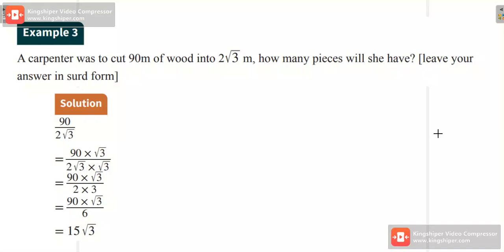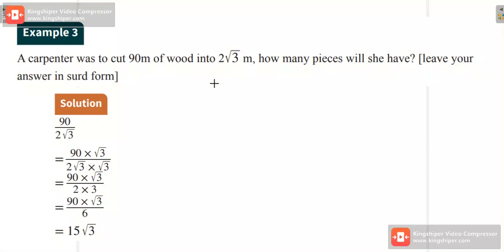A carpenter was to cut 90 meters of wood into 2 root of 3 meters. How many pieces will she have?